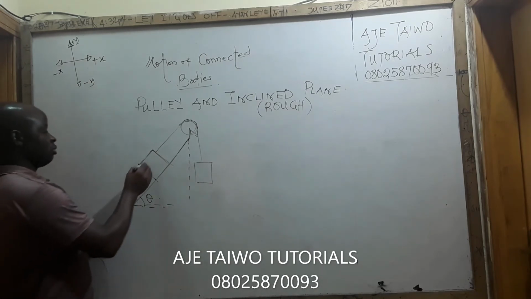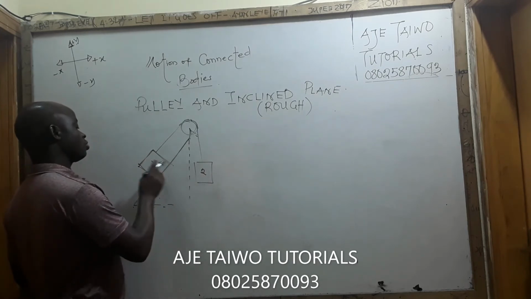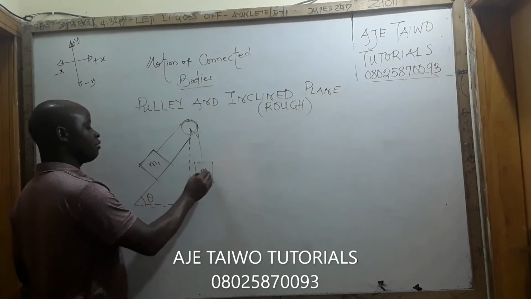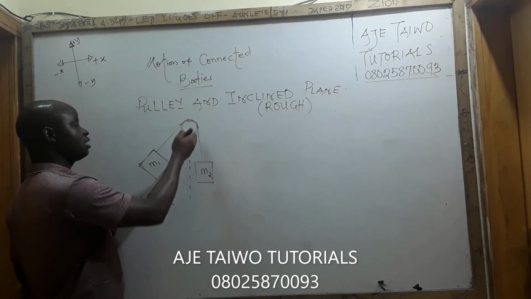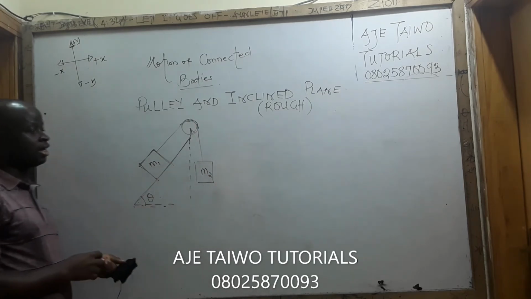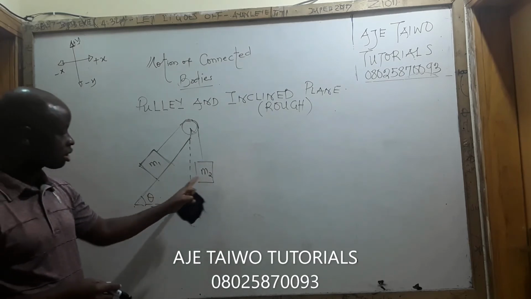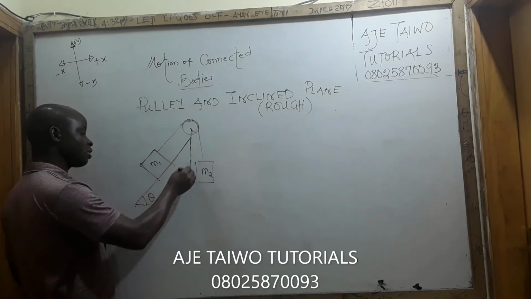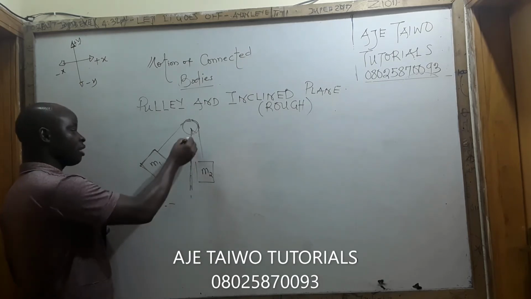So let's call this body 1 and here body 2, with mass m1 here and mass m2 here. Don't forget that this is suspended. It's hanging freely, not making any contact with the surface at all.